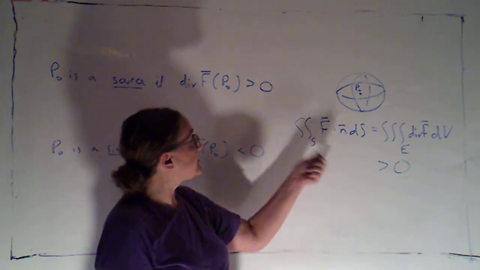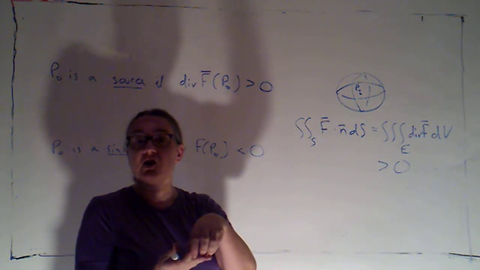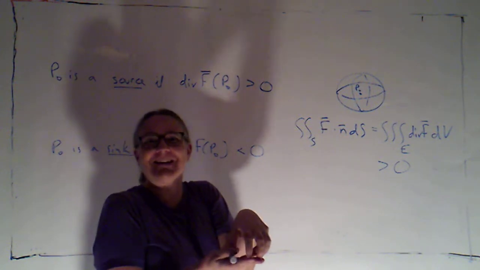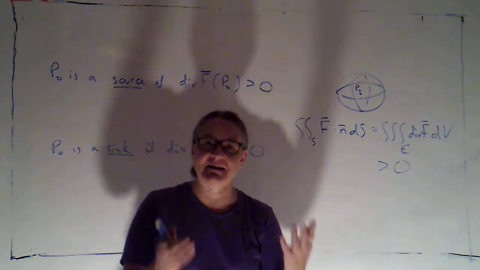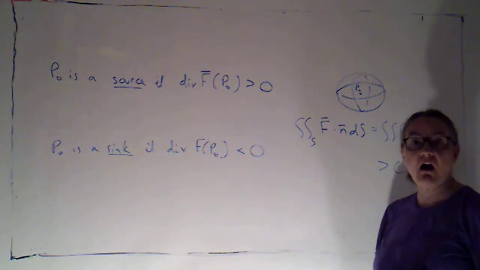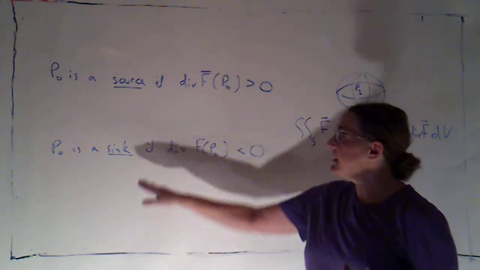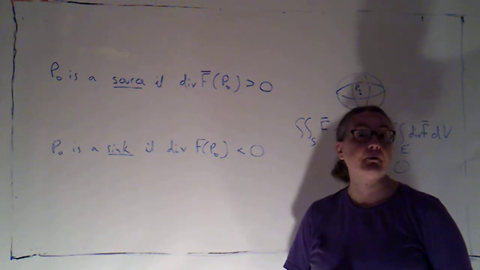And so a source would be a place where we would have essentially condensation occurring. So somehow we entered that region as a gas and then poof, we condensed and now we have more liquid than we had previously. A sink would be the opposite of that. That would be where the liquid is suddenly disappearing. So that would be something like where we had evaporation.